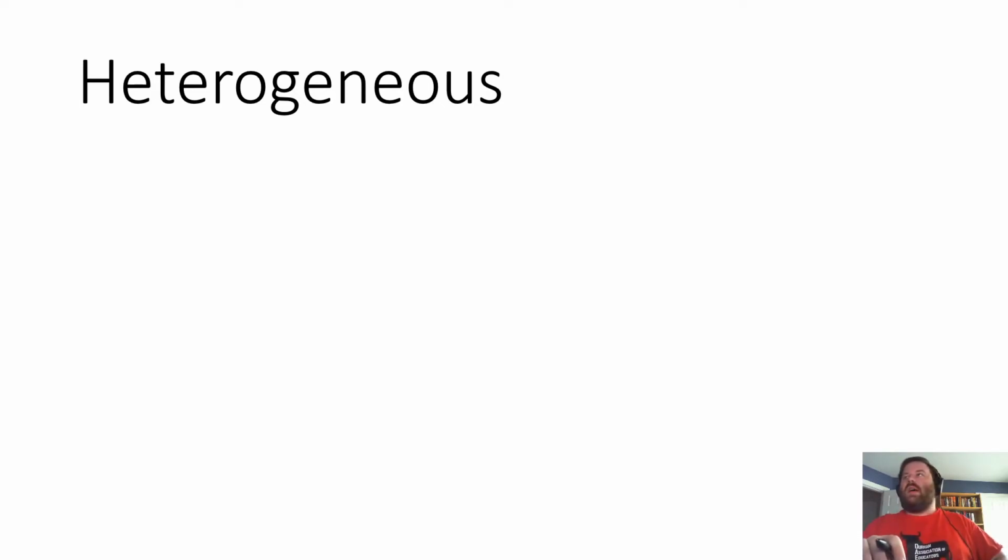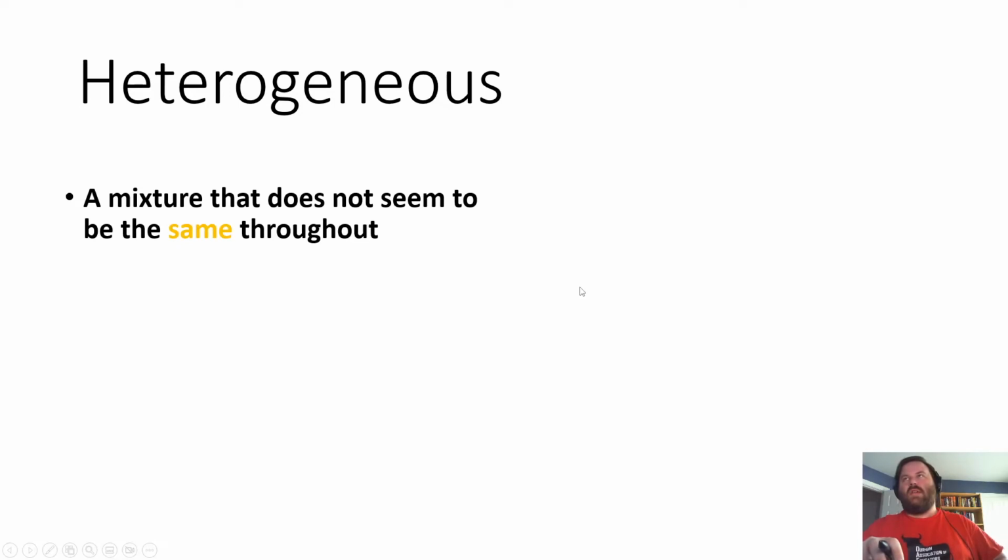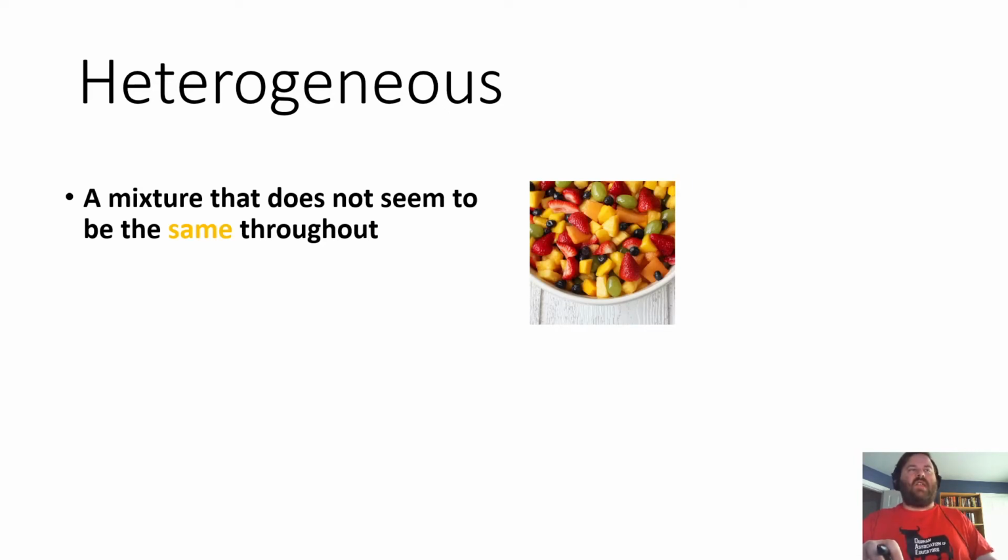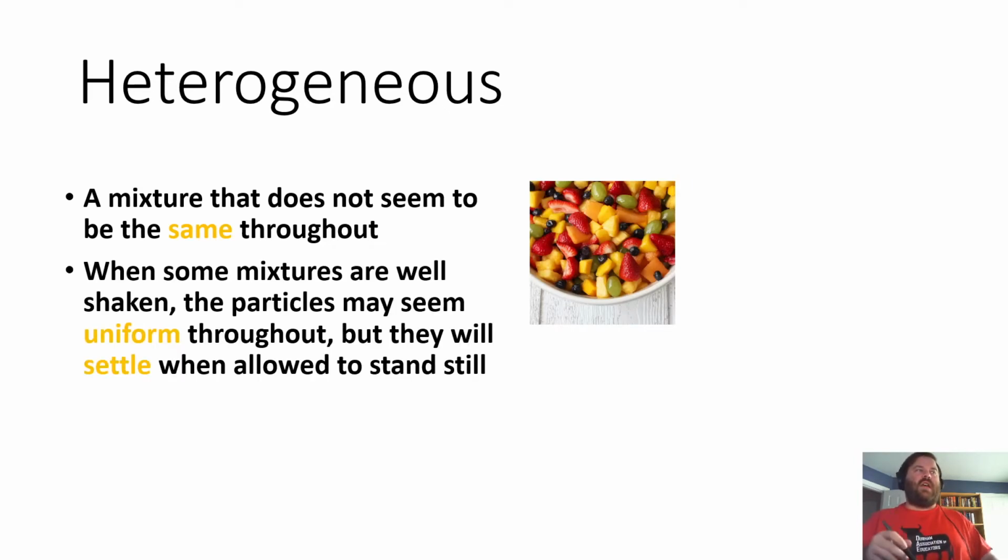Okay, let's start with a heterogeneous mixture. The difference between these is not super scientific, it's more just based on how it presents, what it looks like. Okay, heterogeneous, hetero means different or opposite.